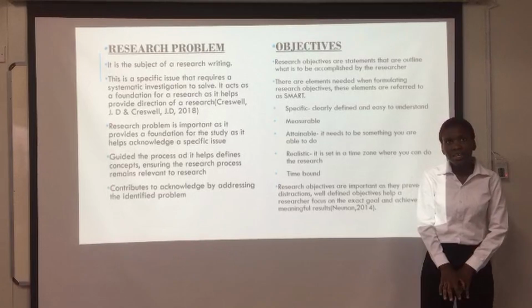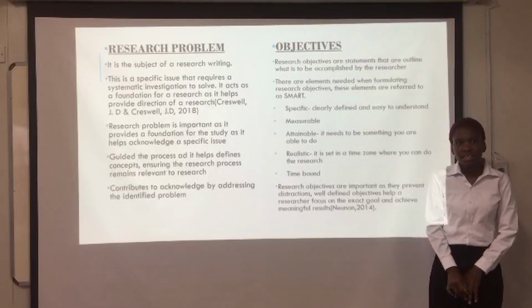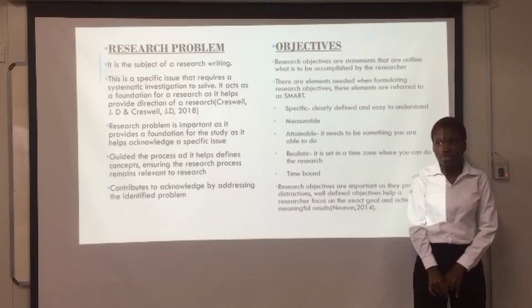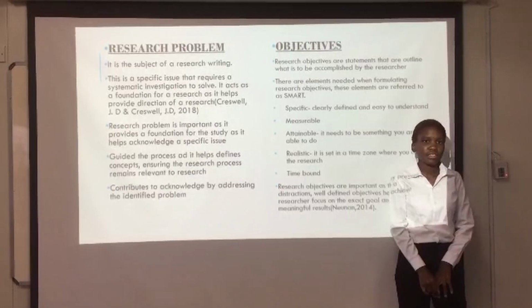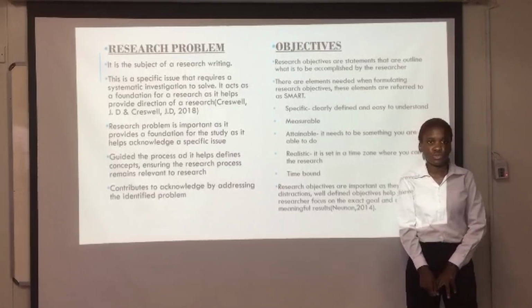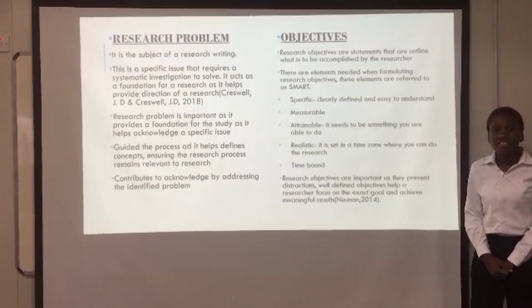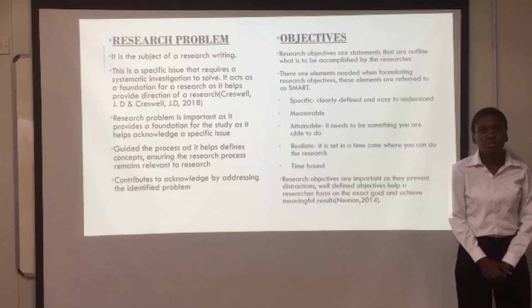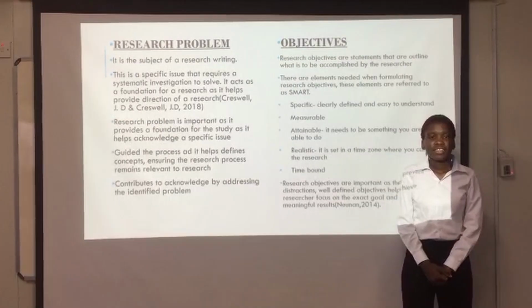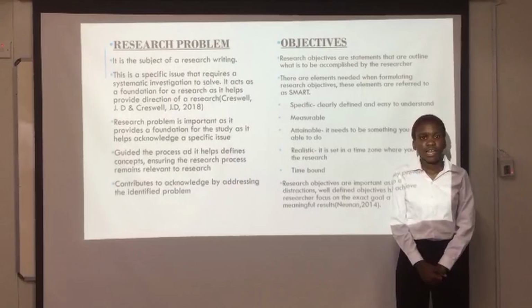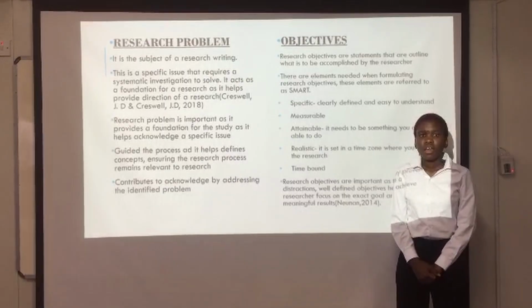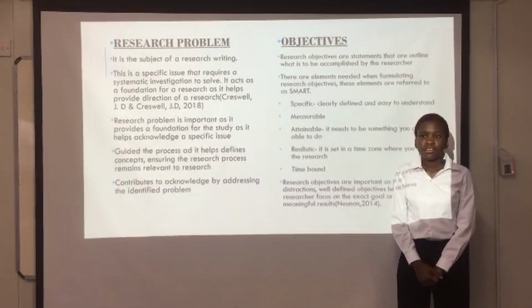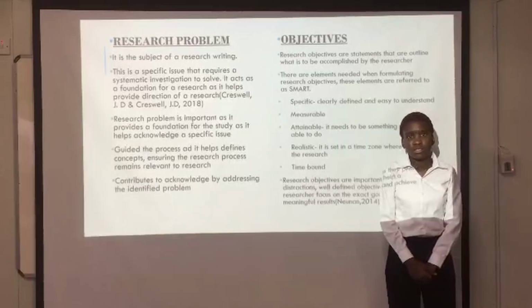Measurable. 3. Attainable. The researcher must research something that he or she will be able to do. 4. Realistic. The research must be in a time zone you can do the research. And the last one is time-bound. These elements are referred to as SMART.